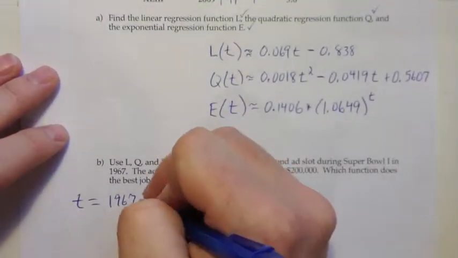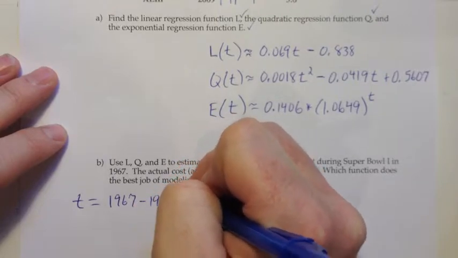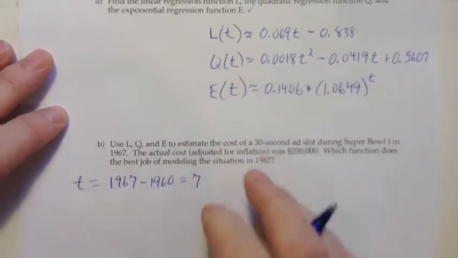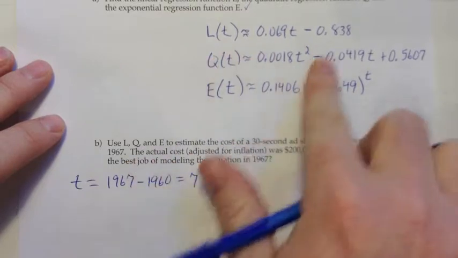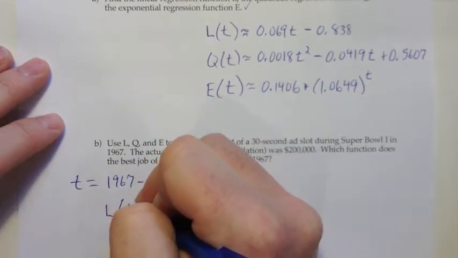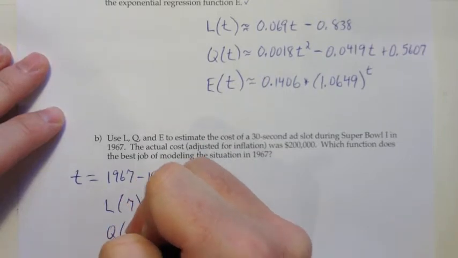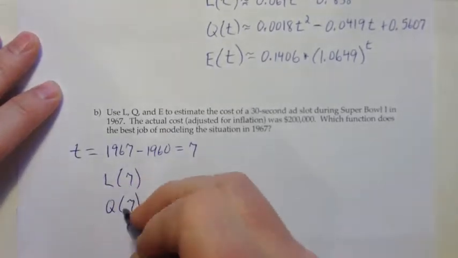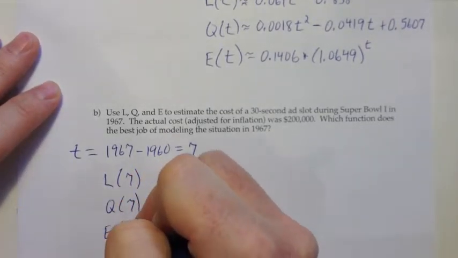So 1967 minus 1960 gives an input of t equals 7. For these three functions, I want to see what L of 7, Q of 7, and E of 7 are.